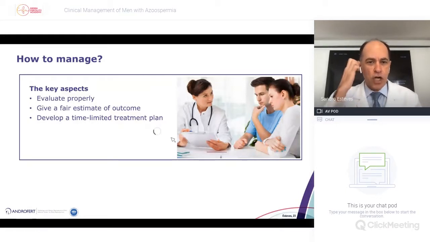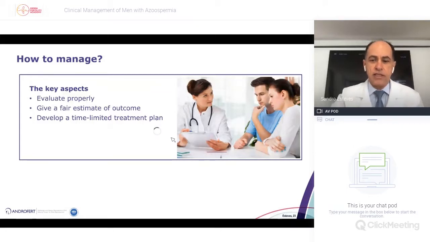The only marker that could be used for counseling in terms of biomarkers will be testicular histopathology. This marker has an accuracy of 80% to predict chances of finding sperm. So in this study we published some time ago, we looked at sperm retrieval success rates according to testicular histopathology.